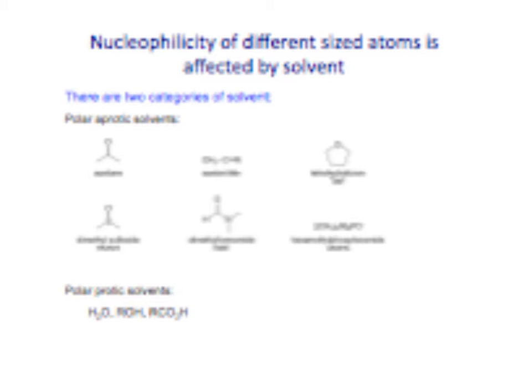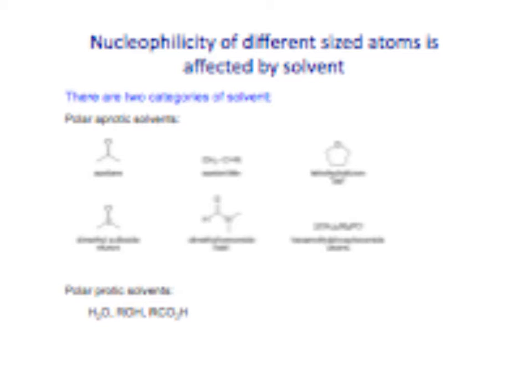When we start comparing the strength of nucleophiles that have nucleophilic atoms of different sizes, meaning that they're on different rows of the periodic table, we're either going up or down the periodic table, it becomes more complicated.